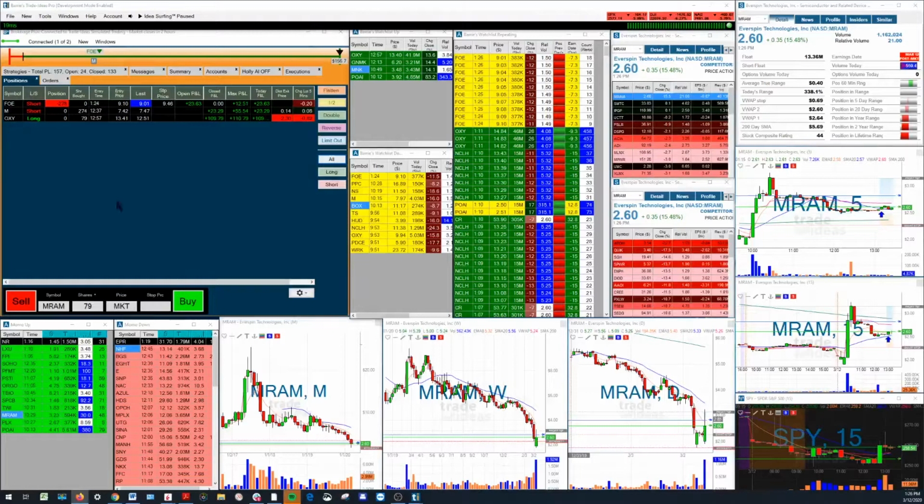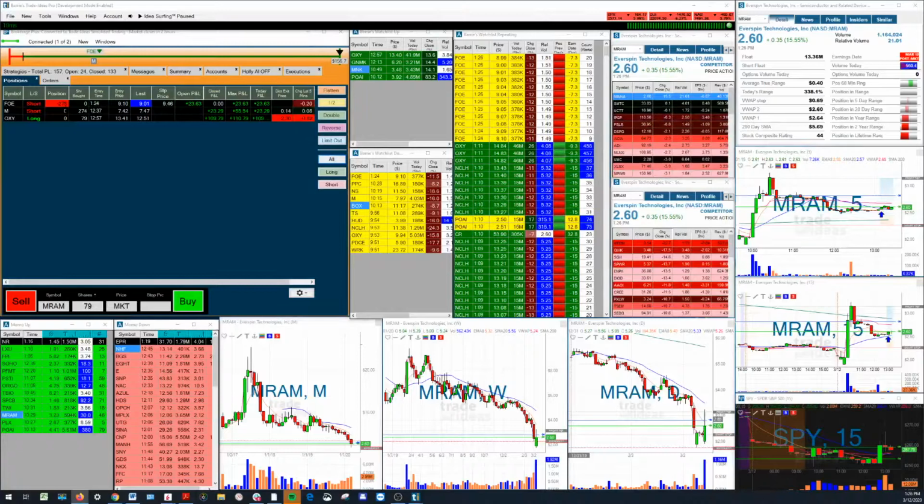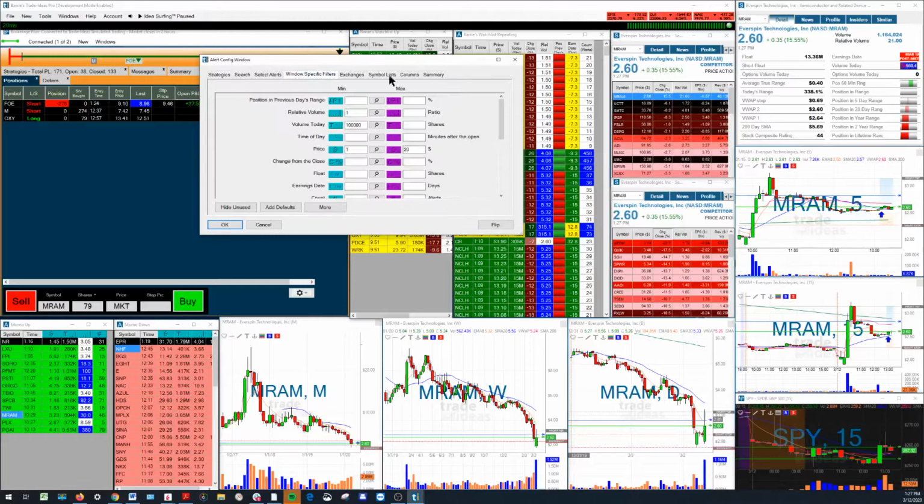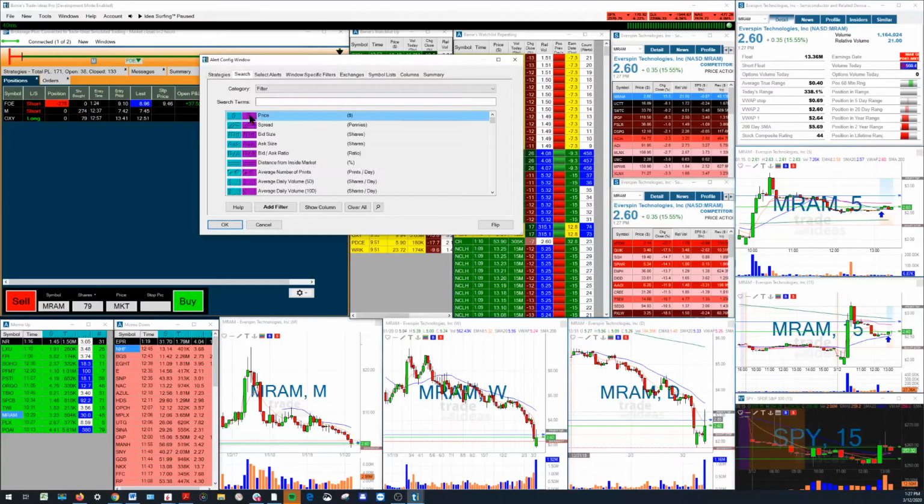So the whole idea of creating an alert window, remember, is to have enough filters in place so you're not overwhelmed by the number of alerts you're going to get. So you may have a price range. For instance, you add the filter.